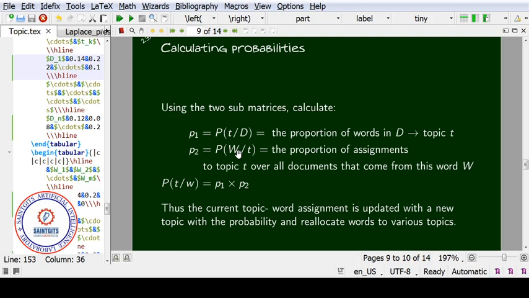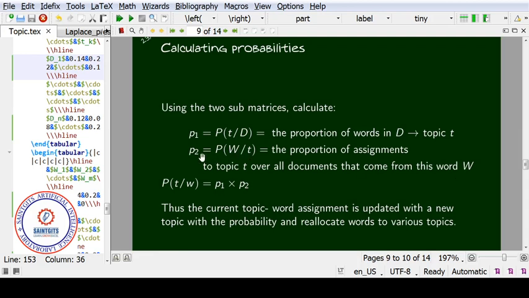So that is how many times this word appeared in all documents. Then we move on to a particular topic. Suppose topic 1, that is qualifications. In qualifications, how many words are assigned? This education is assigned how many times to that particular class, education or qualification. And that proportion, the proportion of assignments to topic T over all documents that come from this fixed word W, that probability is called P2.